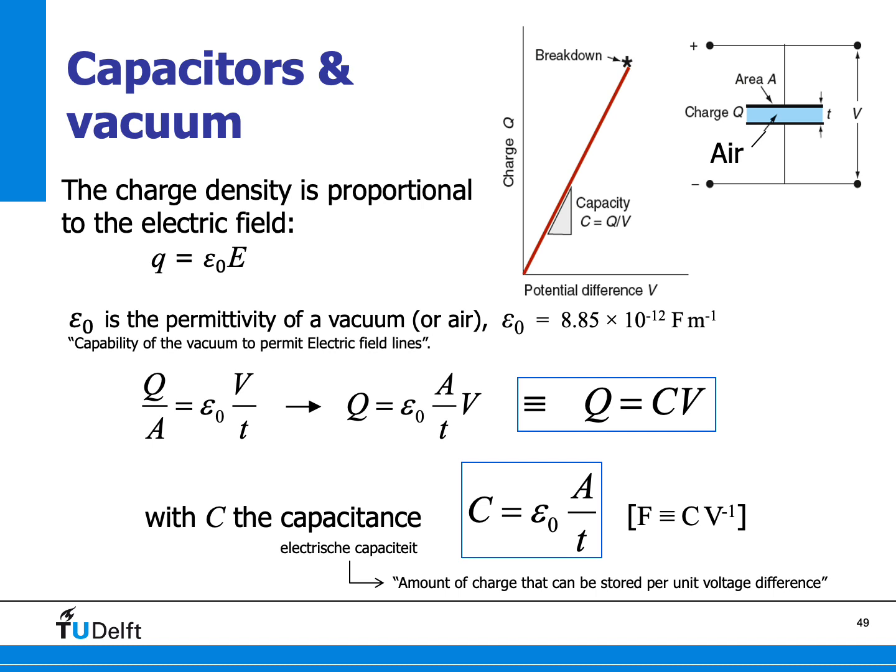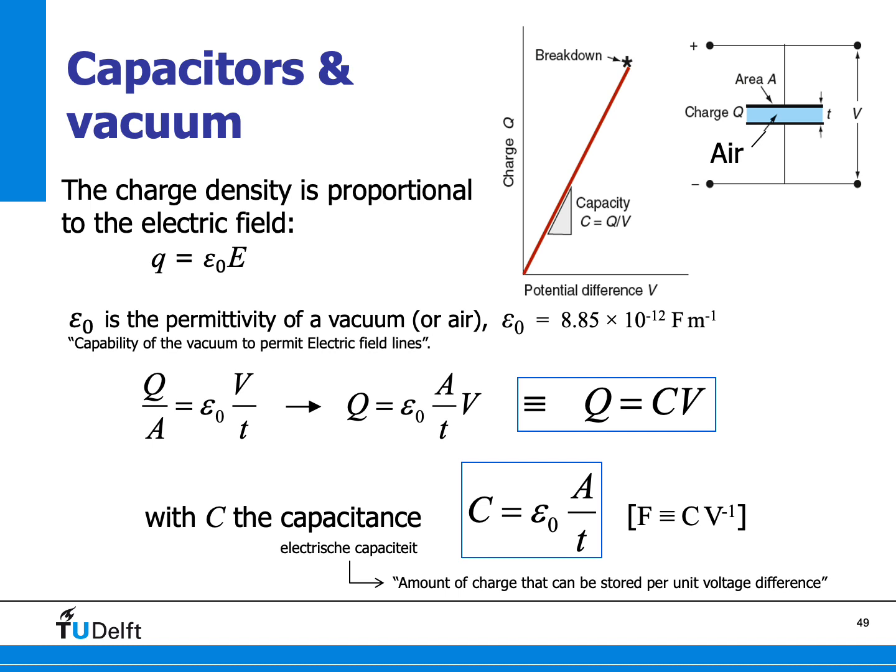Now this equation we can also rewrite in this form. The charge density is the charge divided by the surface area, and the electric field is of course V divided by T, and we retain our epsilon 0. We can rewrite that equation in this way.